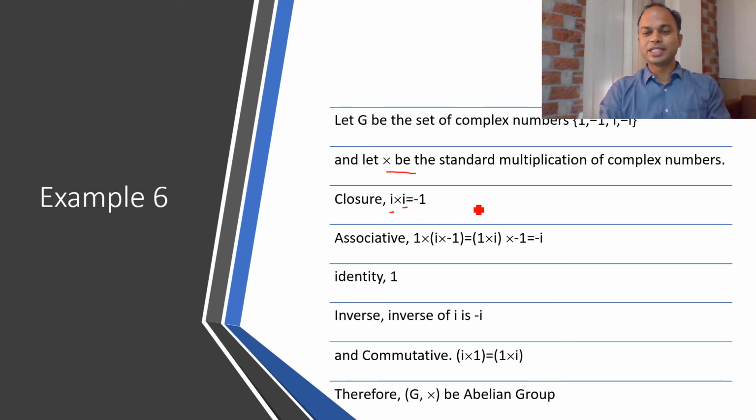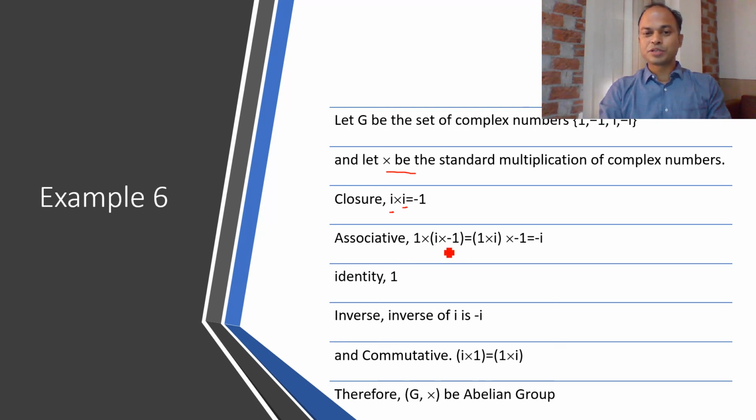I mean closure property is true if we are multiplying any two numbers. Further, say we are multiplying i by minus 1. Then the result will be minus i, and minus i is a part of this set. I mean closure property is satisfied under the multiply operator if we are taking any two elements.